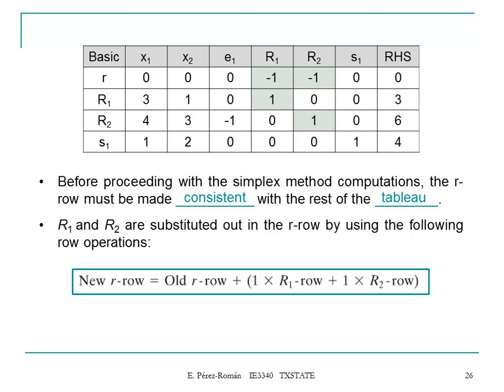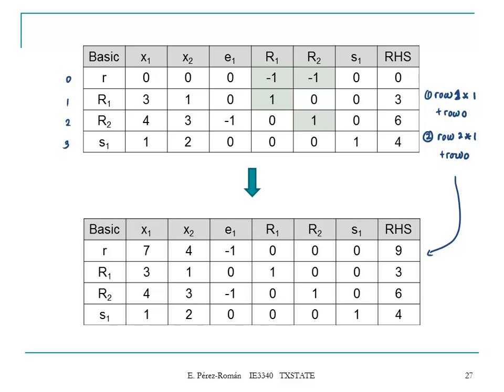That will make this value 0. And that's what this equation is doing. Okay, so you want to make that 0 using the row operation. As I showed you last time, you multiply this row times 1, and you add that row to row 0.